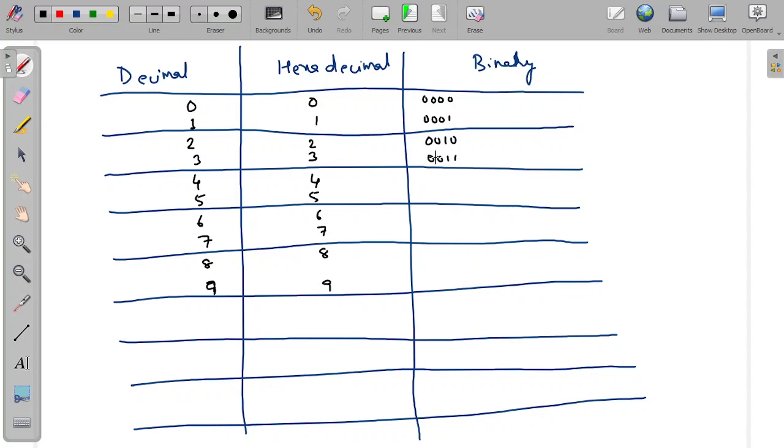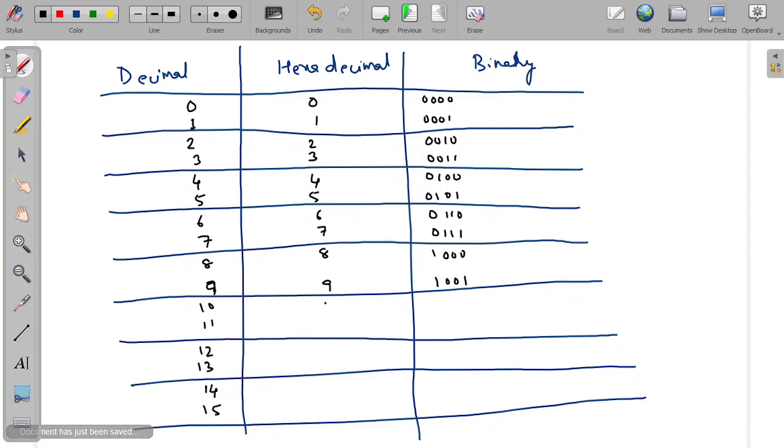You have to keep carrying these initial zeros. 0100, 0101, 0110, 0111, 1000, 1001. Now in decimal it will be 10, 11, 12, 13, 14 and 15.